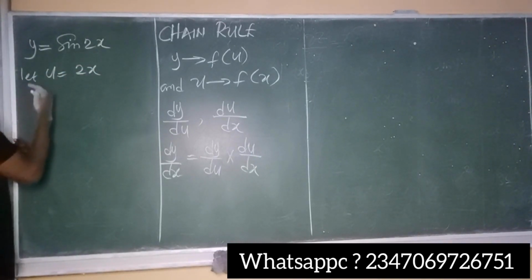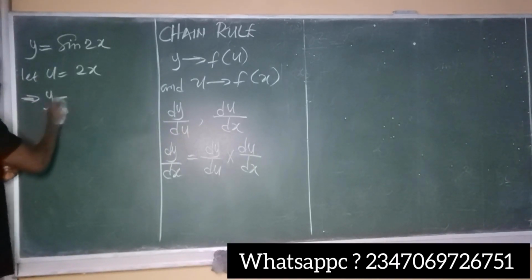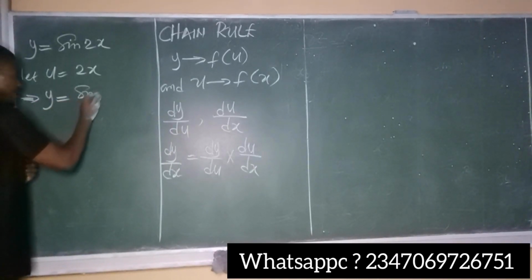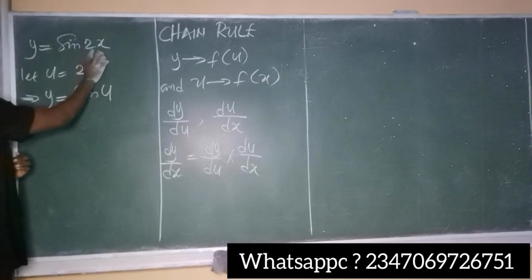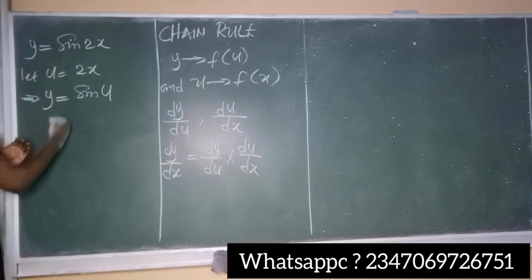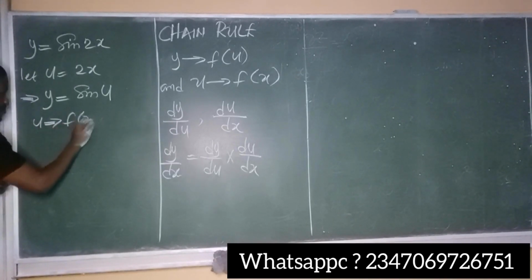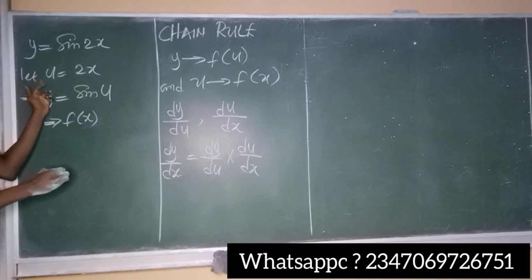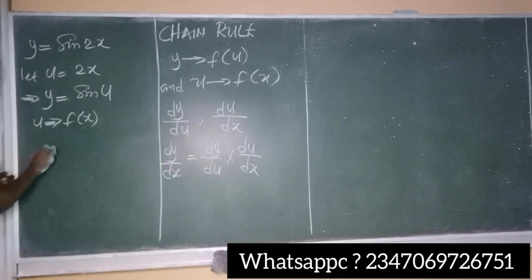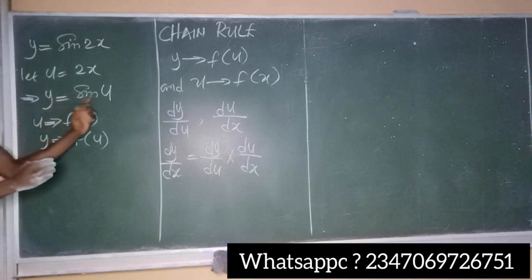If u is equal to 2x, it means that y itself is now equal to sin u, because in place of 2x, I'm calling it u. If you closely look at this equation, you're going to find out that u is now a function of x. U now depends on the value of x, and y itself depends on the value of u.